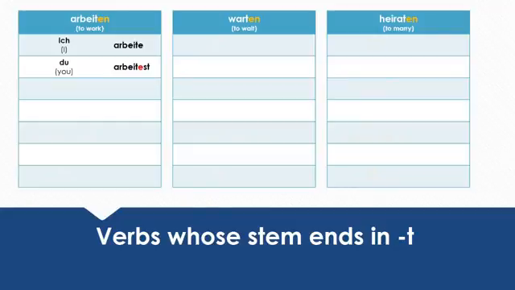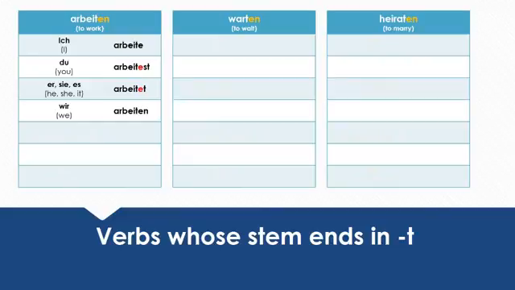So here we can see that we don't add an st like for all the other regular verbs, but we add an est. Because if we just add an st, it would be hard to pronounce. Arbeitst. It doesn't work. So you have to add an e. Arbeitest. Er, sie, es arbeitet. Same thing, we have to add an e, otherwise we can't pronounce it. So it's arbeitet.